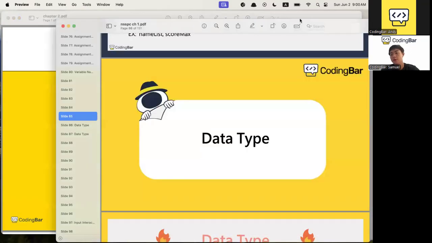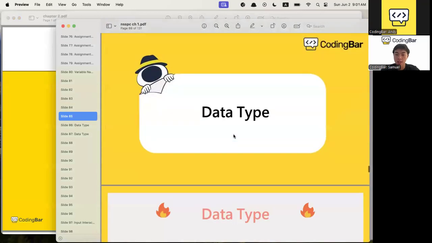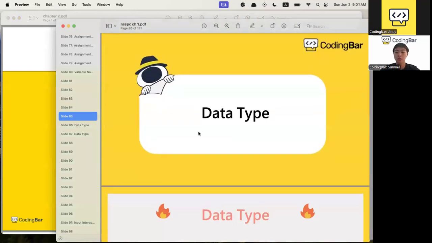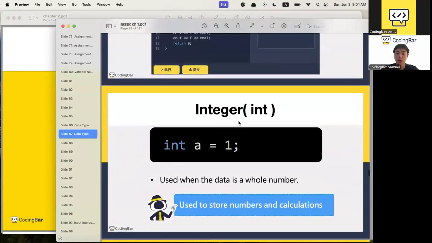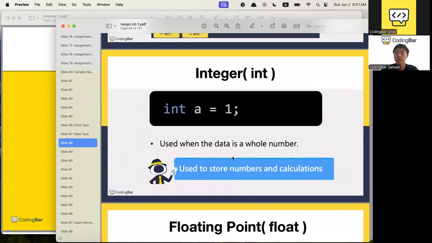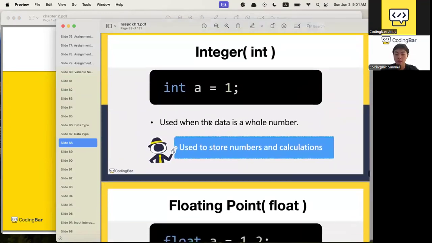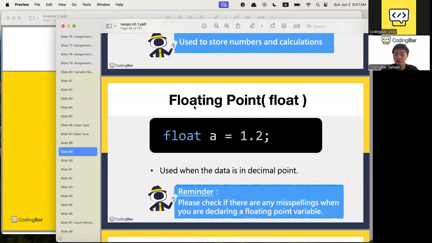So let's have a recap of what we have covered last week. Last week we talked about data types. There are a few data types in C++. There is integer, which is an integer in the mathematical sense, and floating point, which is a decimal number in mathematical notation.